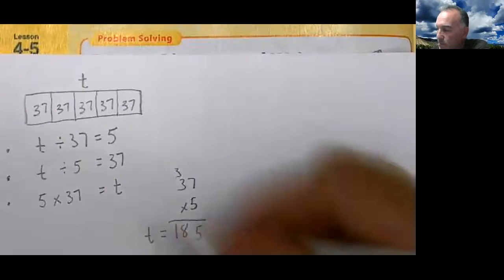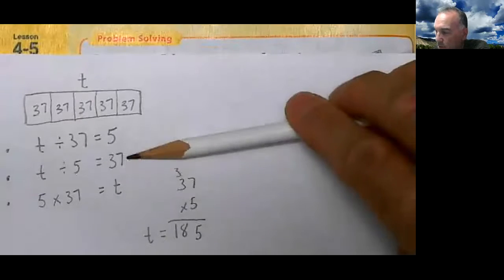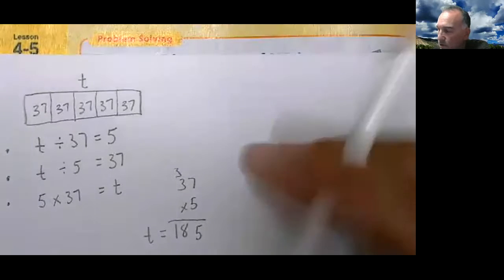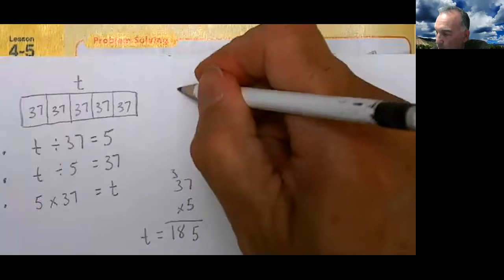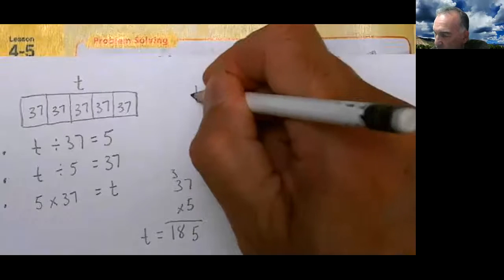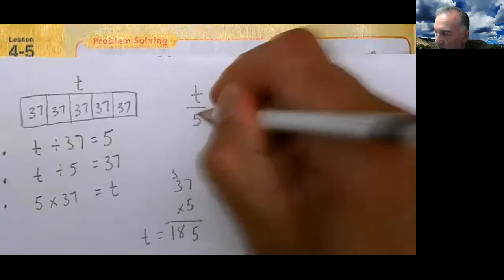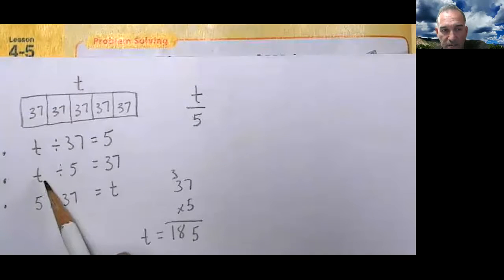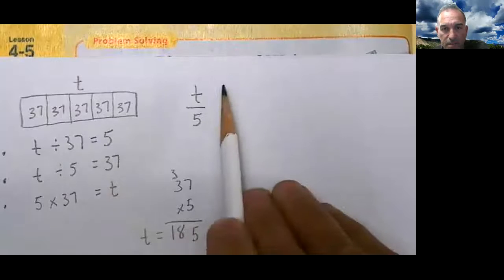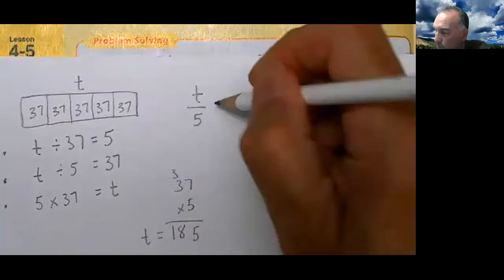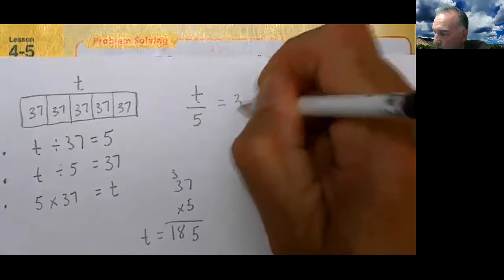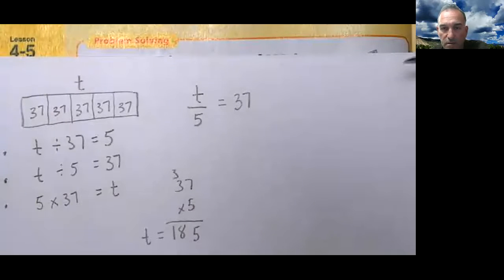How about another one? Let's pick this one. How about right here? So if I had, I'm going to write it this way. Watch how I write this. T divided by 5, that is T divided by 5. It says the same thing, equals 37.